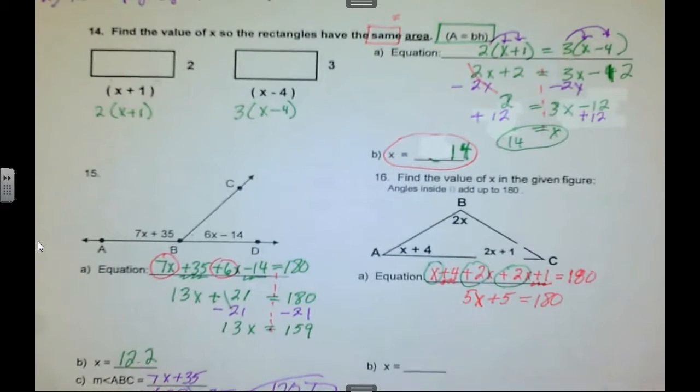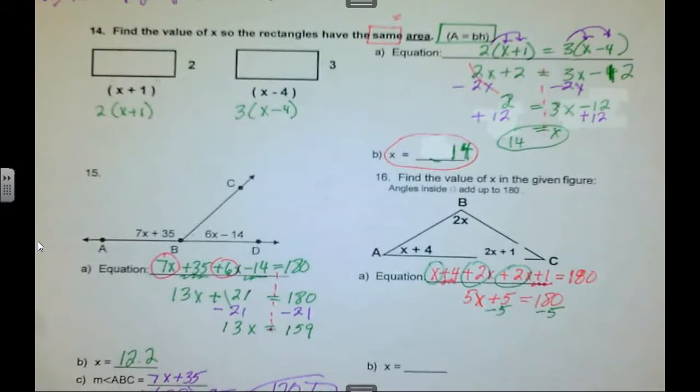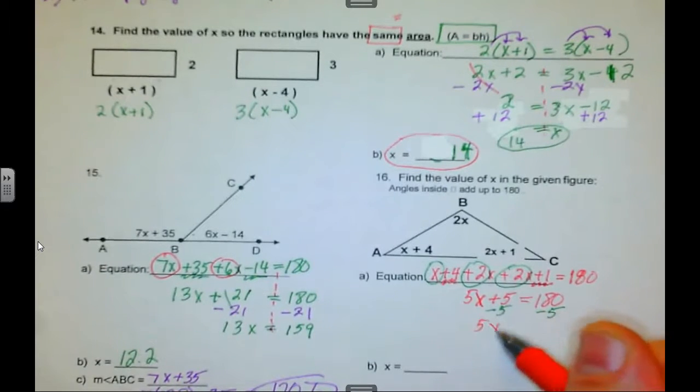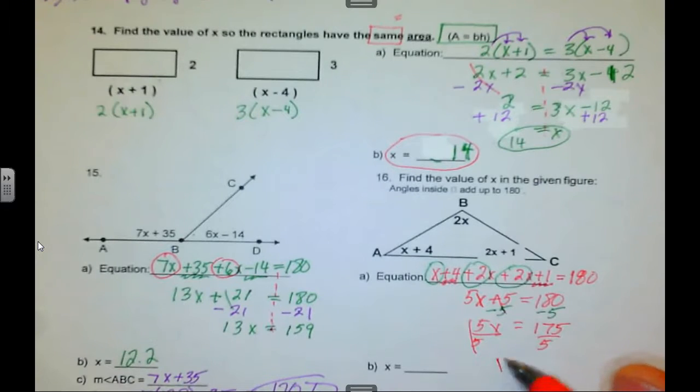Subtract 5 from both sides. 5x equals 175. And divide by 5. Let's see, 17 divided by 5, there's 3, that's 15, leaves me with 2, 25, 35.